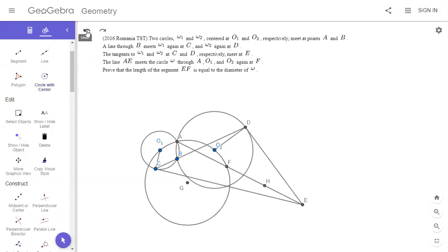So basically, if we let H be the midpoint of EF, we want to show that GF equals FH, right? So that's the same as showing like AGH is 90 degrees, right? No, not really. But we want to show GF is equal to FH.